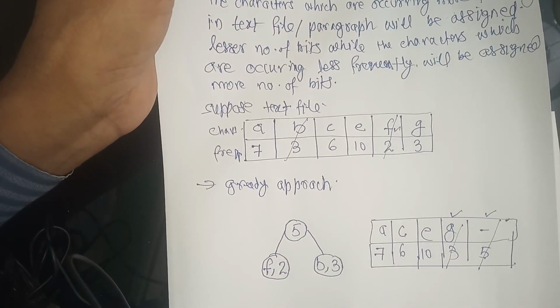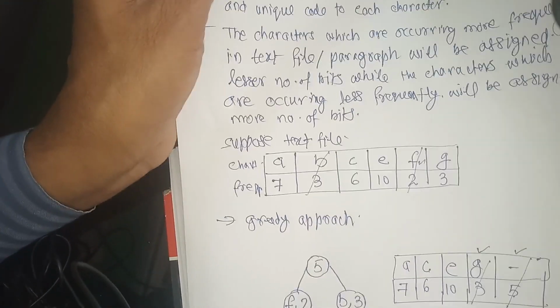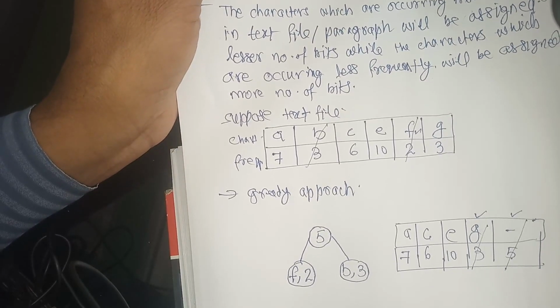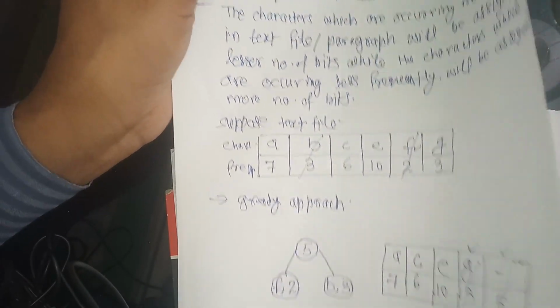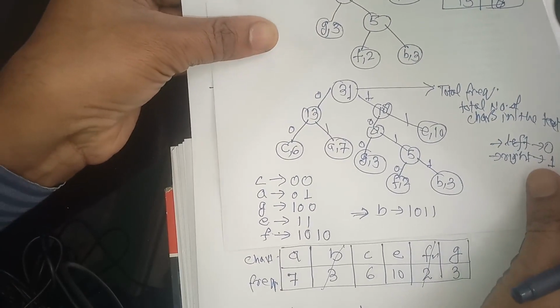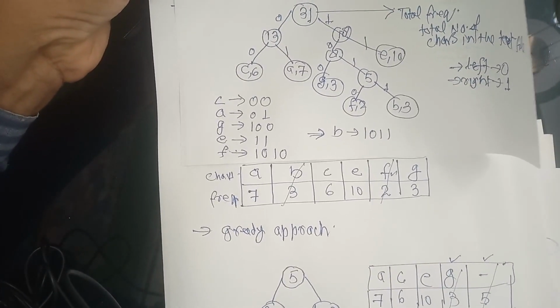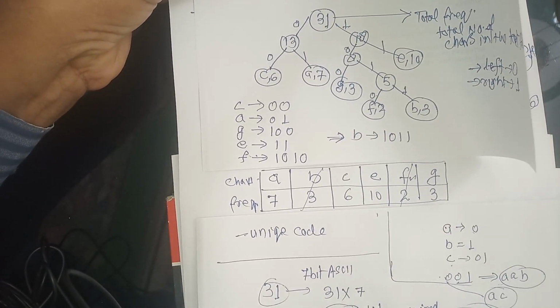Here we write the number of bits, for example for C we have 2 bits. This is the code and this is the frequency table, and here we will do the calculation.